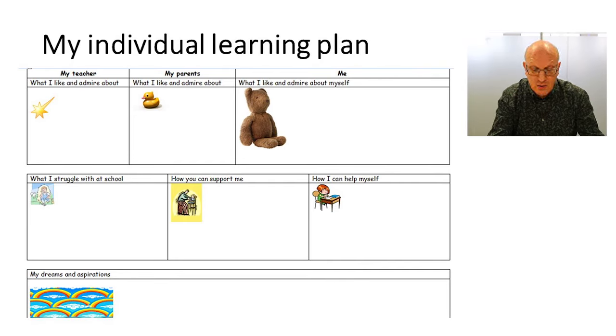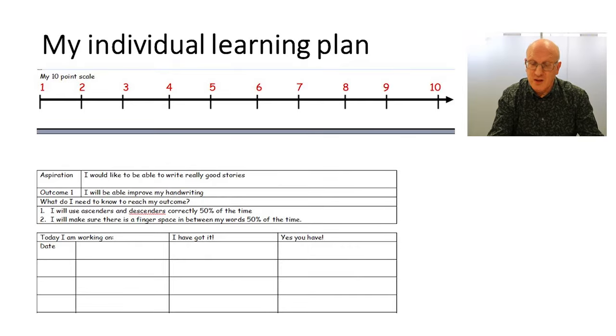They can look at things they do well, put in things that are challenging, and things that can support them. It might be what I like about my teacher, or many other things. The following slide is another example of how they might develop their own plan. It comes from them, but it's negotiated and talked about with you as a teacher as well.